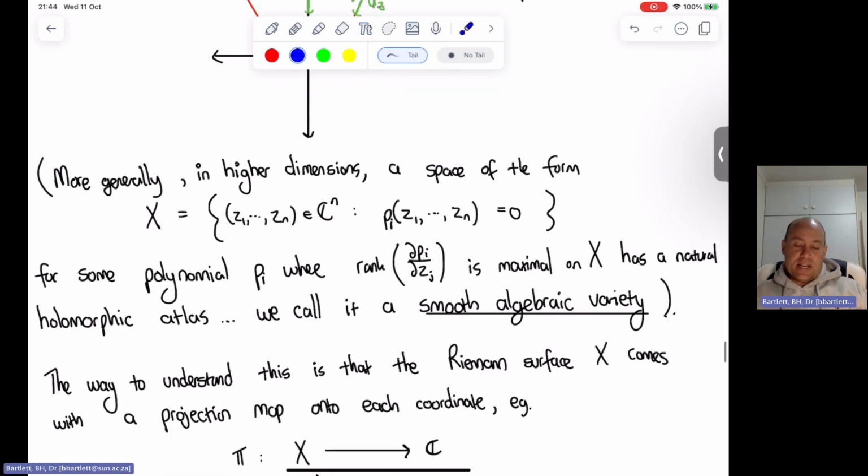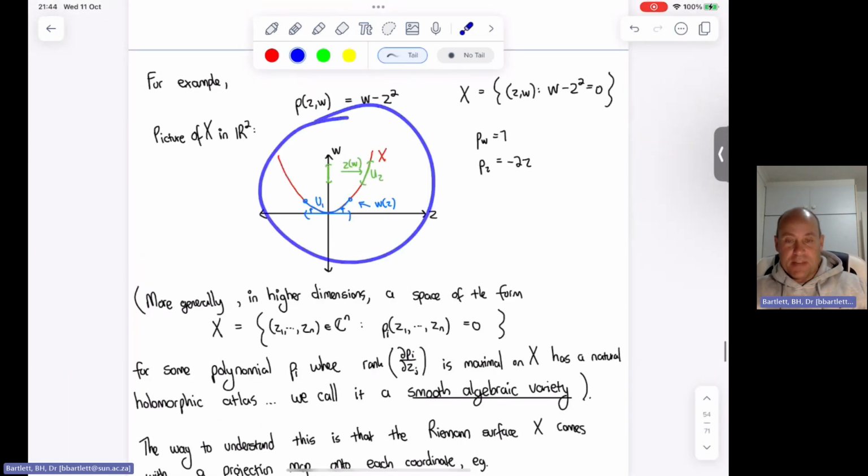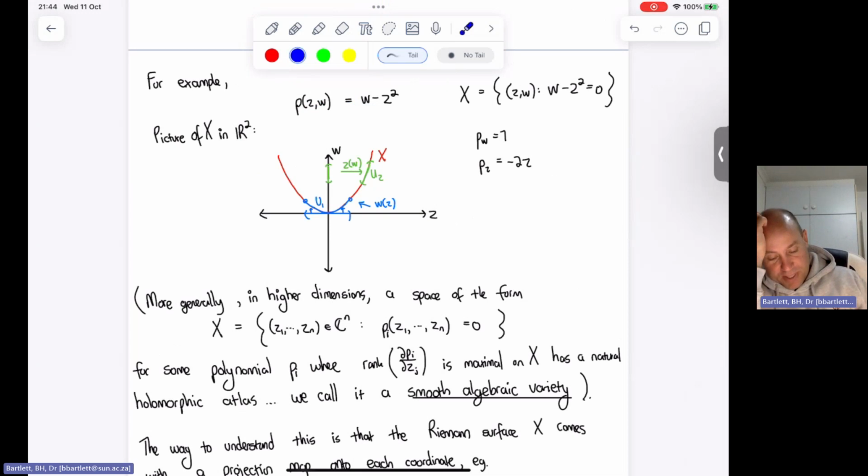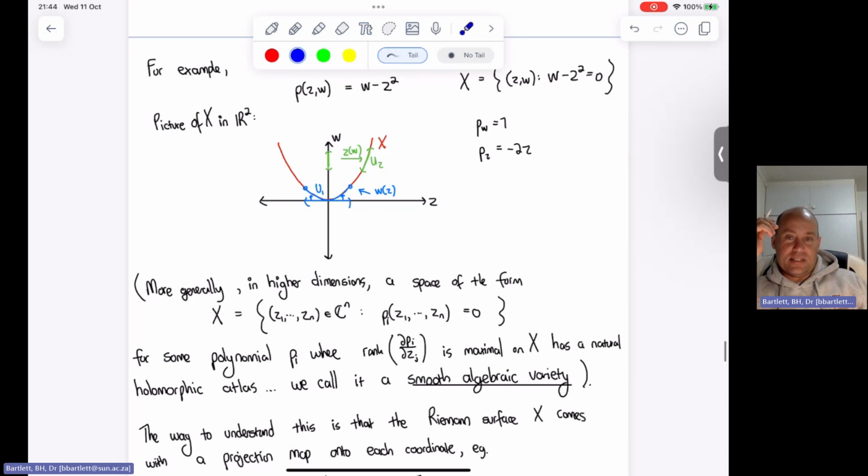Okay, so the way to understand this Riemann surface, by the way, just an important philosophical point, is: what is it really telling us? It's a certain surface, but it's not just any old thing. It comes with the projection maps onto each coordinate, right?